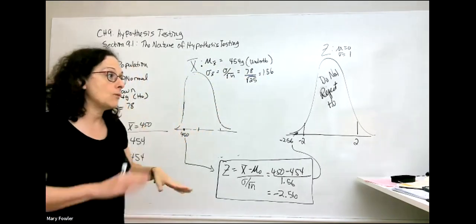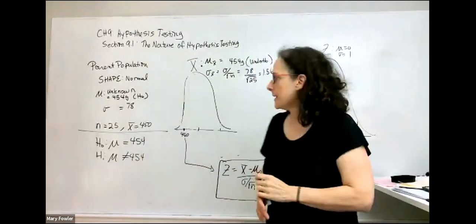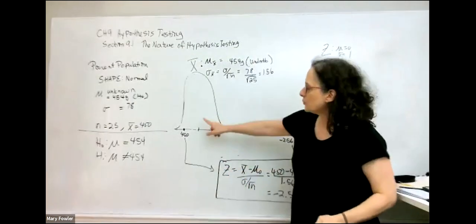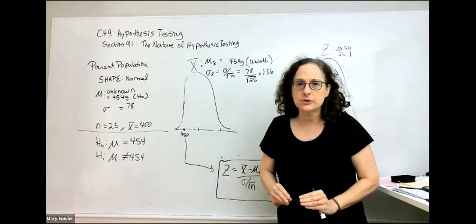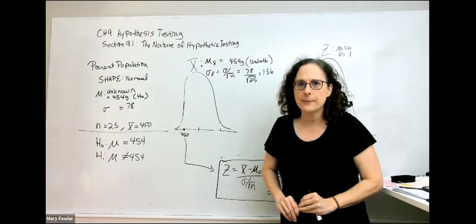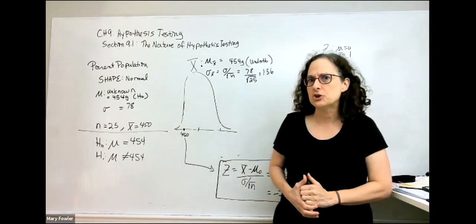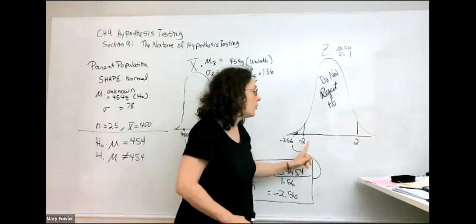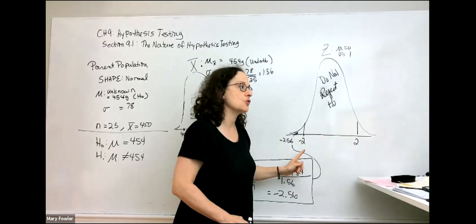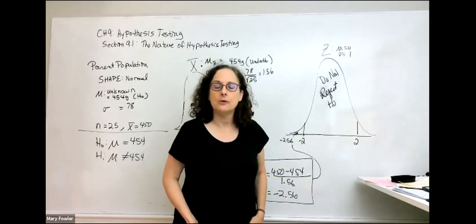And so what we did in the previous section was we took the sample mean, X bar was 450, and we had made the decision that we were going to reject the null hypothesis and recalibrate that machine if the sample mean was more than 2 standard deviations away from the null mean.